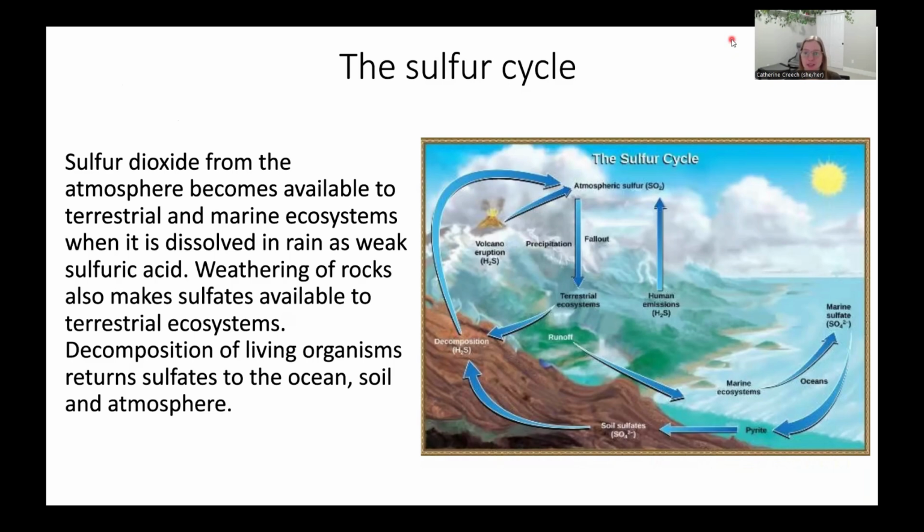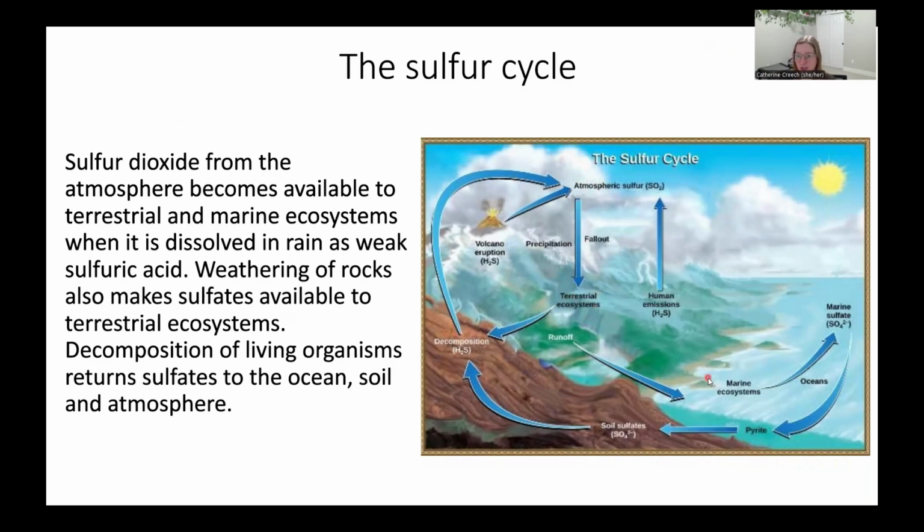Next, we have our sulfur cycle. The sulfur cycle is interesting. We have our atmospheric reservoir, which is the air, and then it's going to get dissolved into the water that's up in these clouds. And the only way out, look, is precipitation, also called fallout. And it's going to drop down to our terrestrial system. If it falls over the ocean, it'll be the aquatic system.